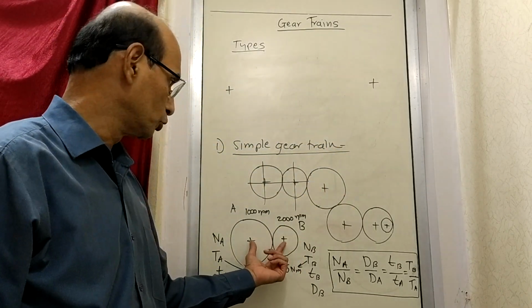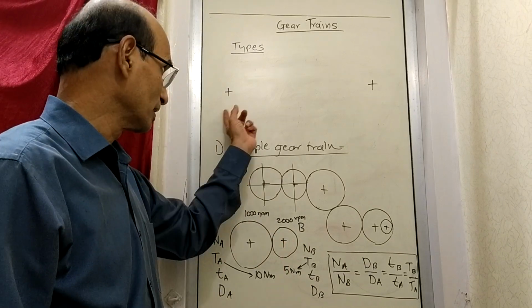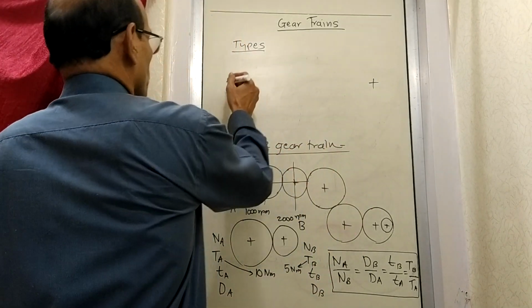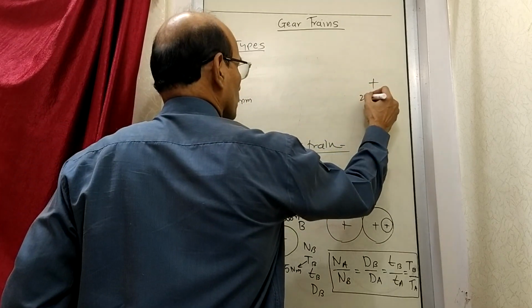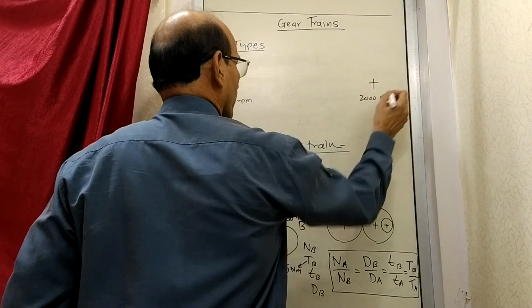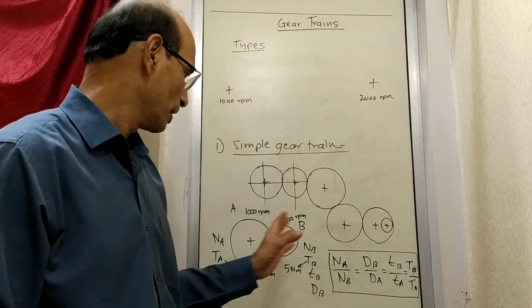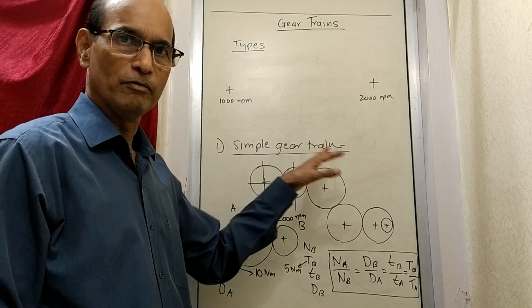But there, the two gears were in contact because the center distance was less. Now the center distance is large, and you want a similar thing: this shaft should rotate at 1000 RPM and this shaft at 2000 RPM, and you are going to connect the gears. We see that the diameter should be half so that the speed will be double.